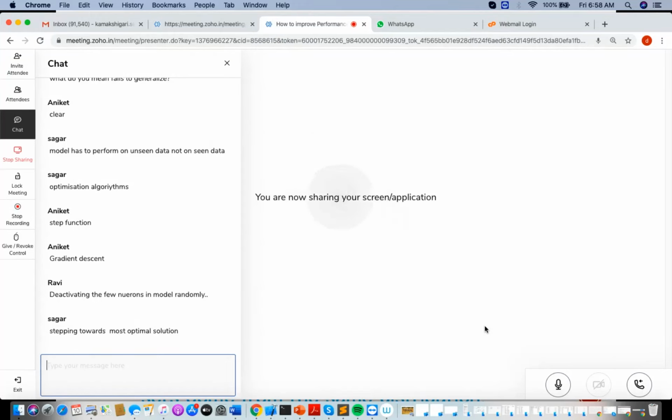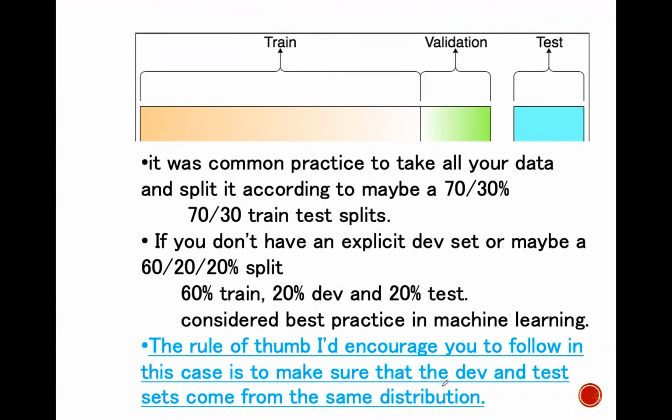Learning rate is nowhere related to deactivating neurons. Correct yourself. Right. Basically, if you don't have this one, I'll have 70 and 30. If you have this one, I'll make it a 60, 20, 20 split.